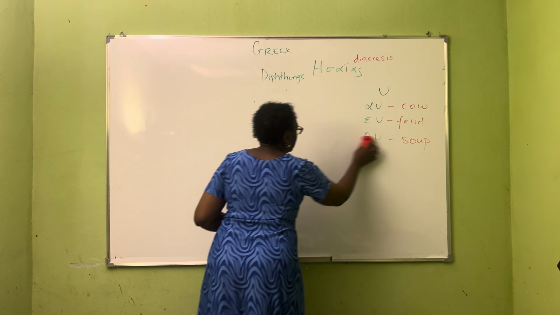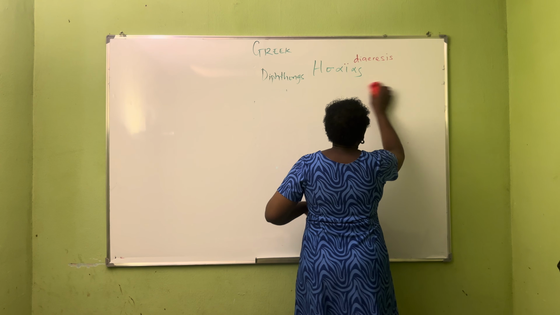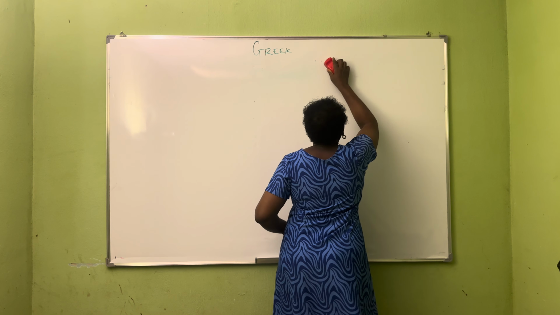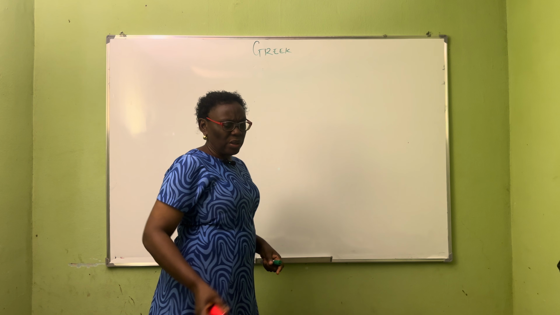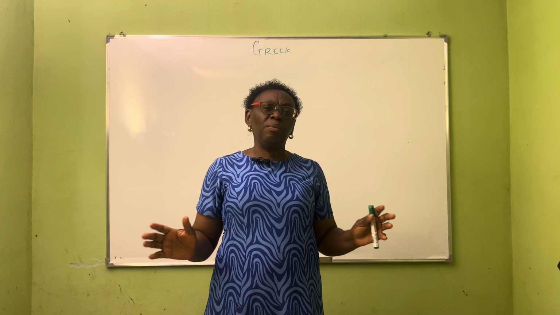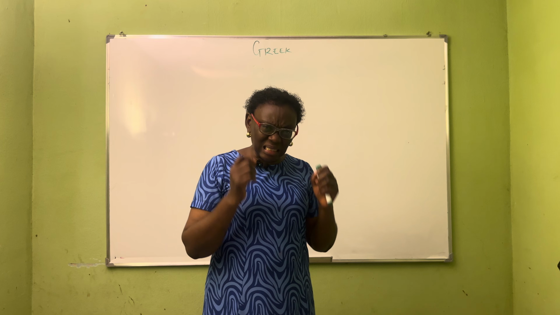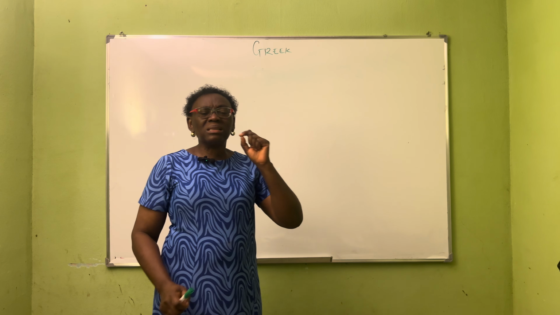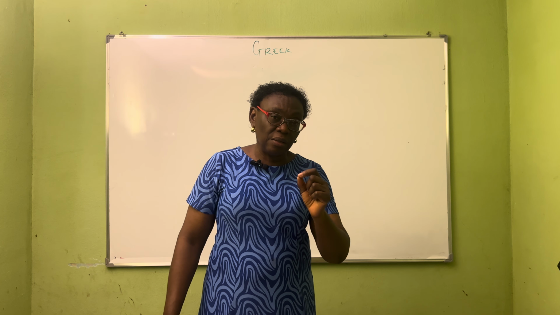This discussion leads us to syllabification in Greek. A syllable is the smallest unit you can pronounce in any language. That's the bit, the unit you can pronounce. And what helps in pronunciation is a vowel.